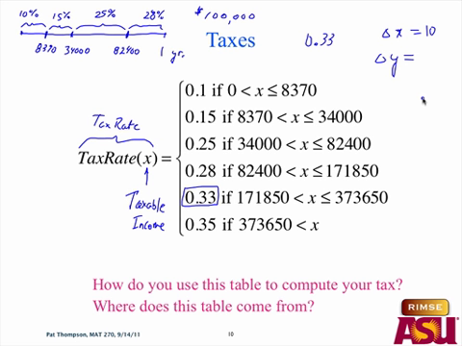K times delta x, remember this? 0.33 times 10 is $3.30, so the relative size is maintained. Delta y is k times delta x. Any questions on that? That's how those are rates. It's the relative size of additional tax owed to additional income, delta y to delta x.